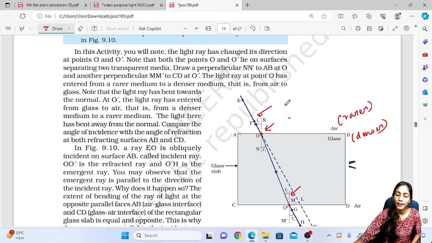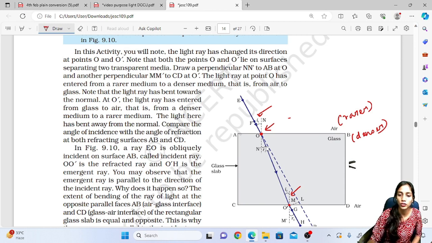Whenever the ray of light enters from a rarer to a denser medium, when it travels from one medium to a different medium, refraction happens. The ray of light bends towards the normal, which means the direction of propagation and the speed of light change in this medium.